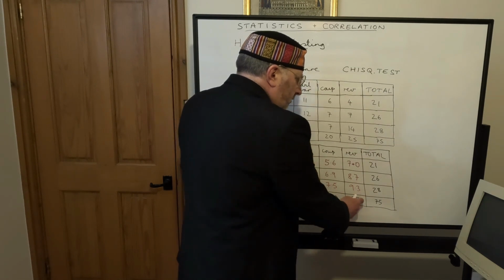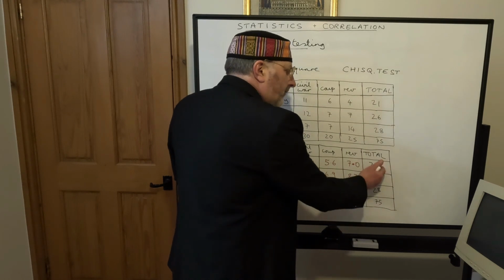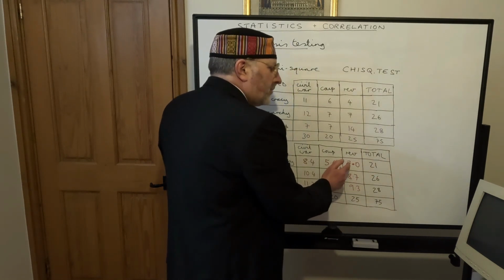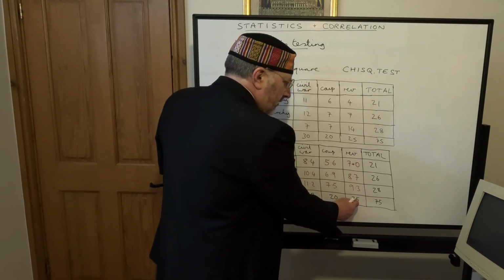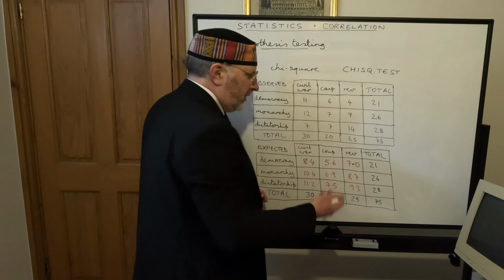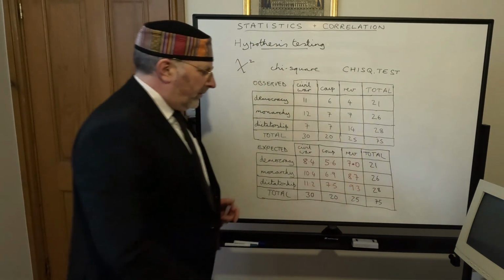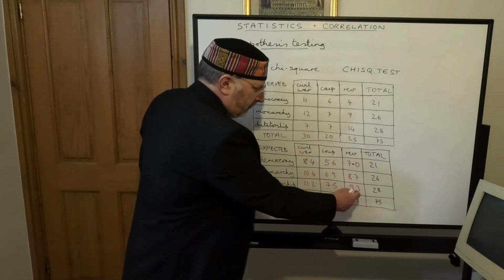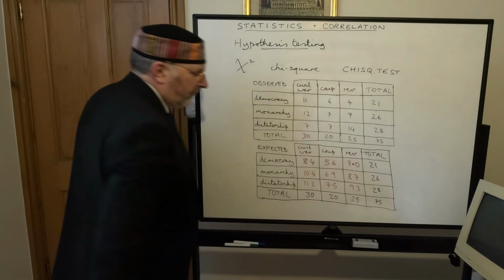And lastly, 25 out of 75ths of the 21 should be revolutions, and that is 7. You can see that one in your head, because 25 divided by 75 is a third, and a third of 21 is 7. So that's where that number 7 comes from. And the same for the other cells in this table.